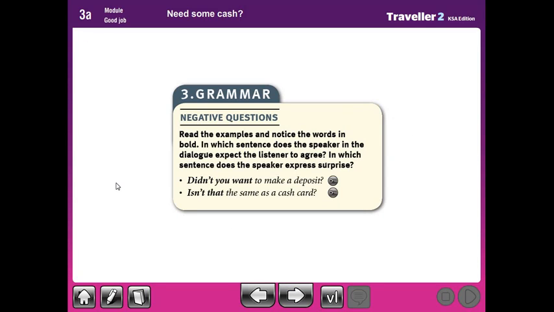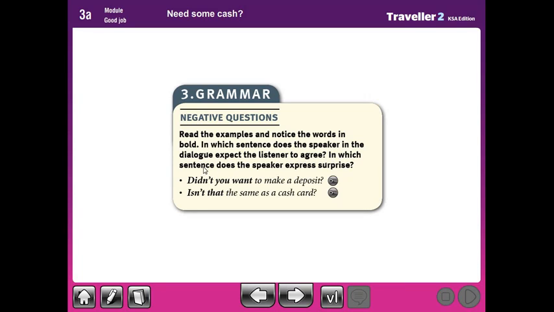Now, exercise 3, grammar. Negative questions. Read the example and notice the words in bold. In which sentence does the speaker in the dialogue expect the listener to agree?